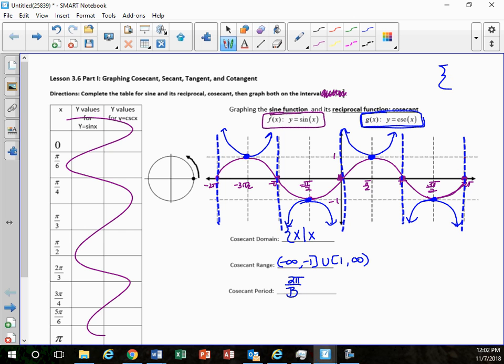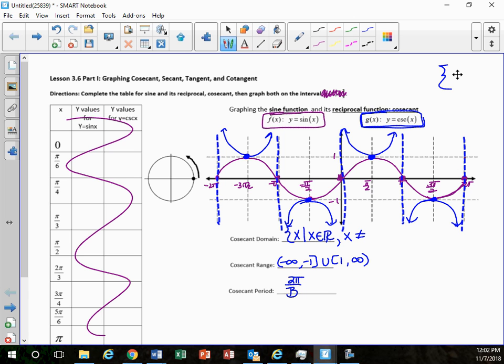X is an element of the reals, comma. X cannot equal. You got to figure out what x cannot equal. Pi or 2 pi. What about 3 pi? Any pi. Any pi, okay? We have to have like a mathy way to say that.